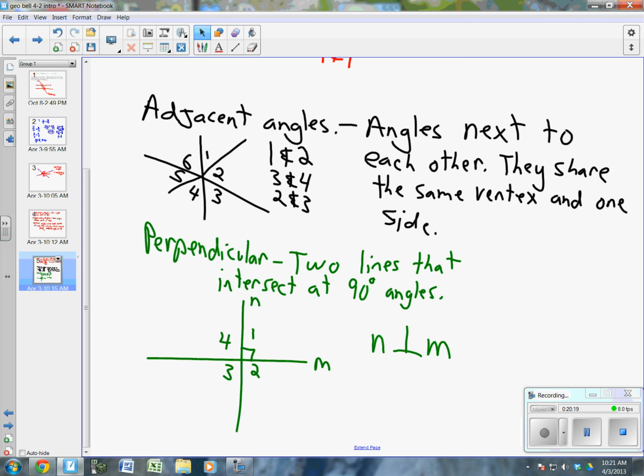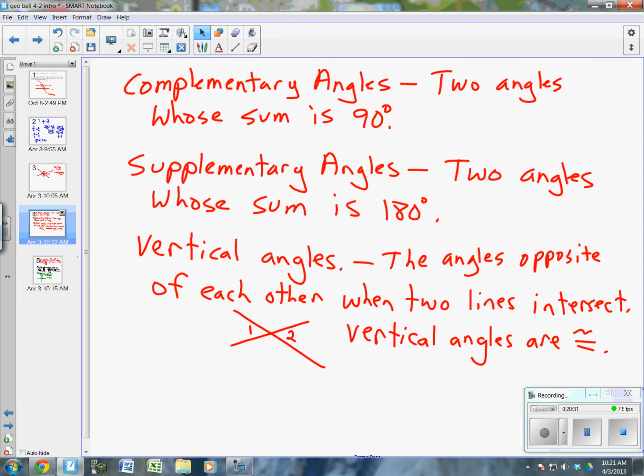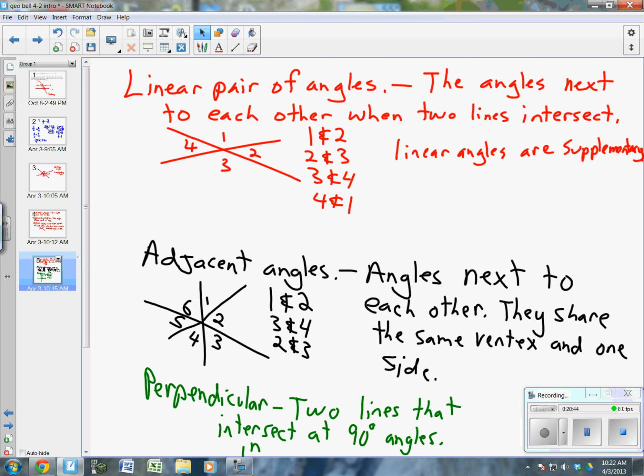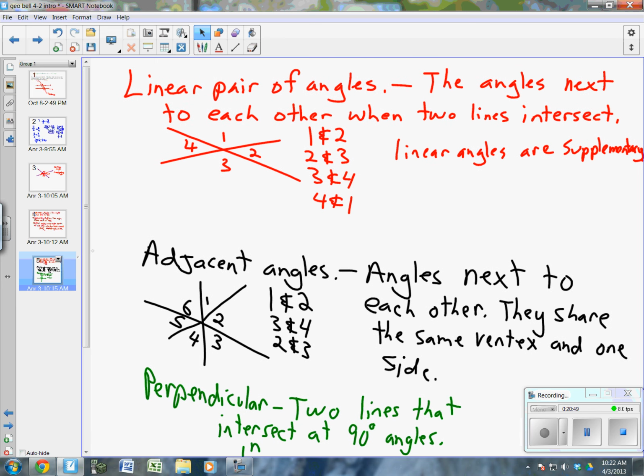Number one, if two angles are vertical angles, then they are congruent. Remember, I just gave that to you right here? Vertical angles are congruent, right? Number two, if two angles are a linear pair of angles, then they are supplementary. Linear pairs and linear angles are supplementary.